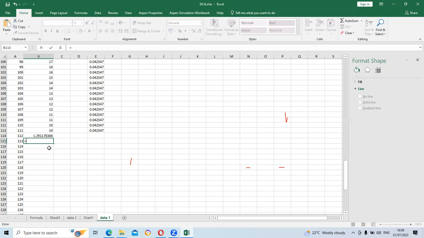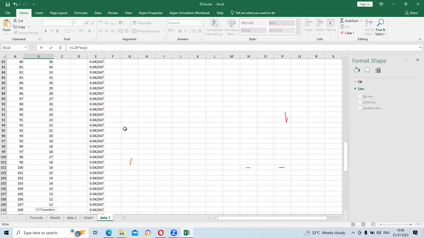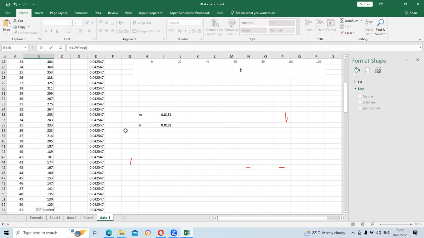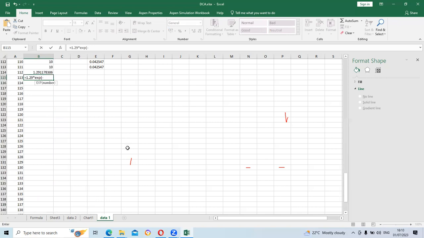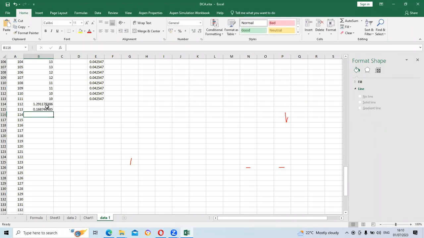So instead of using this symbol, we'll just approximate it to 1.29 because we want to keep it constant, times exponential of the negative of our decline rate, which is negative 0.018, times the time, that's the time there, then we close it and we do the prediction.